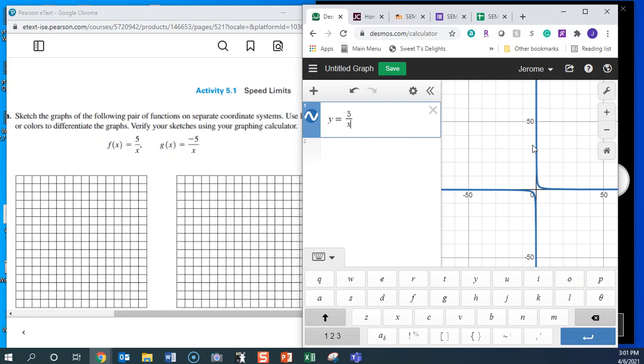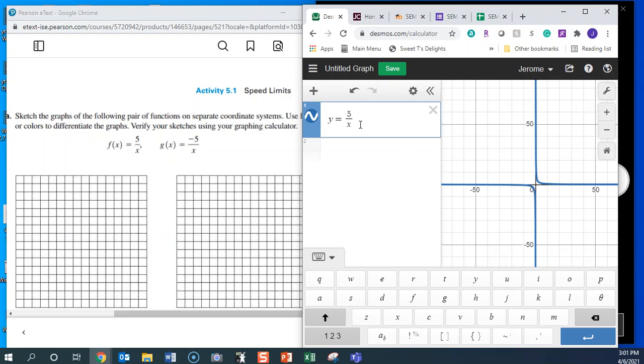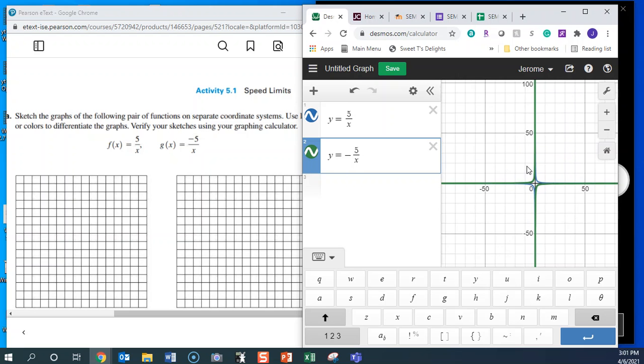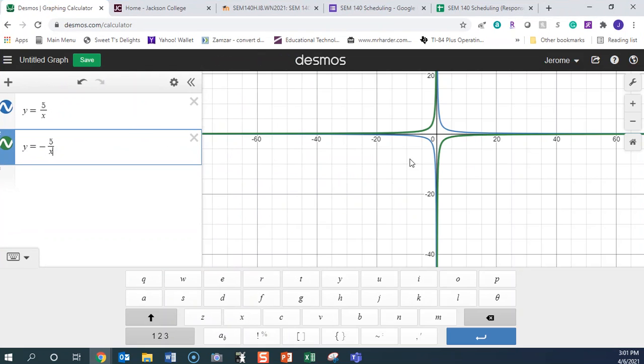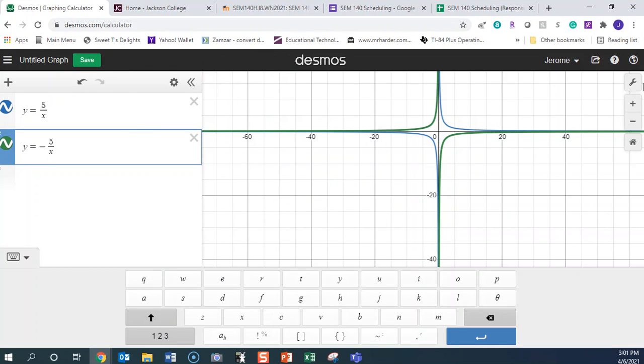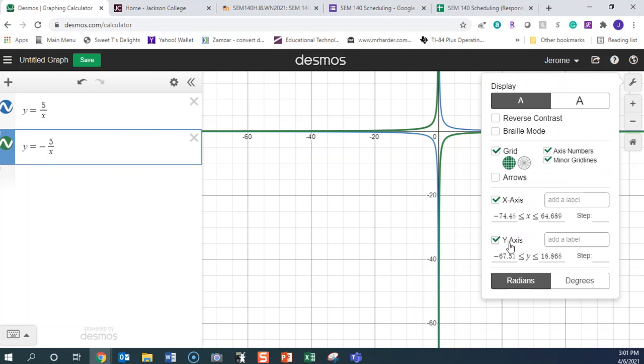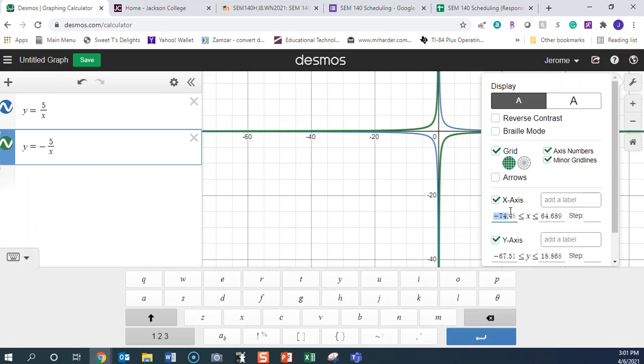Okay, we see that graph here. I'm going to expand it, but we know that this graph is blue. So now we could do y equals negative 5 divided by x. And then now we have the graph being in green. So let me expand this here. So I think I want to change this here.